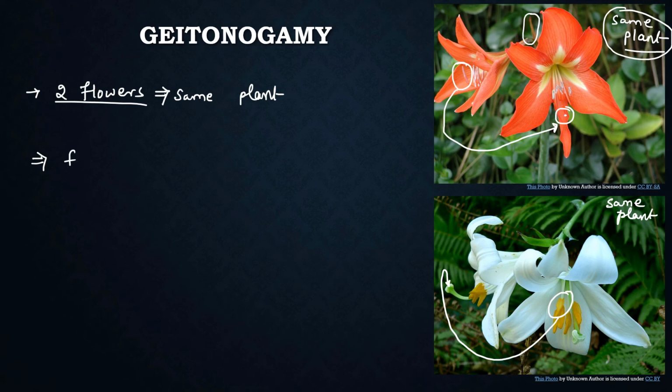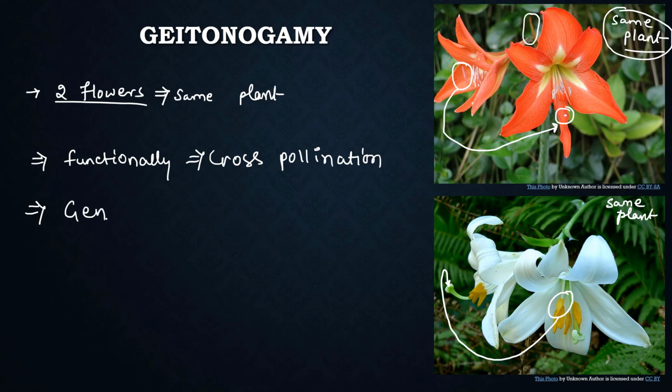Now, if you talk about functionality, functionally they are going to be similar to cross-pollination. Why cross-pollination? Functionally, because they are involving two different flowers. But when we talk about genetically, are they different genetically?